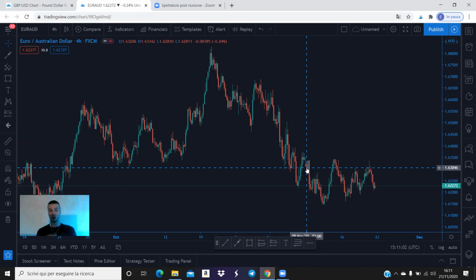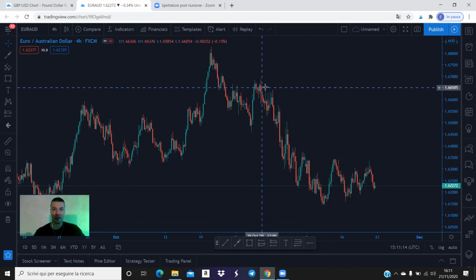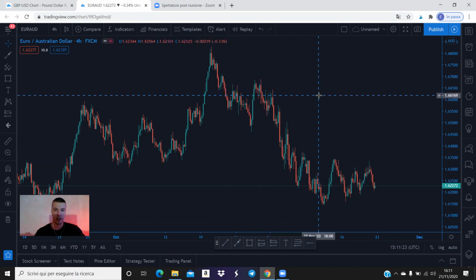But we will be able to be profitable anyway because we will recognize the patterns that they are using. Of course, after learning this strategy, the first thing you don't have to do is go all in on your first trade, and maybe that will be a losing trade and you burn your account. That's what we don't want to do.